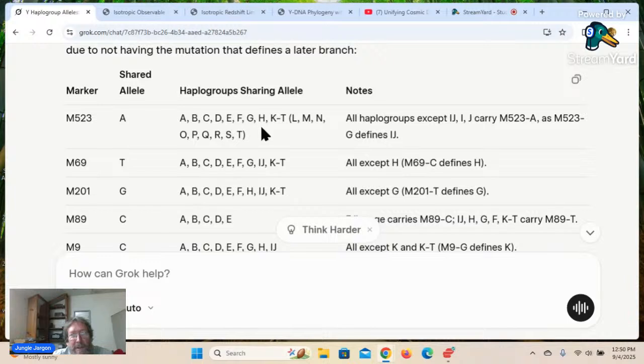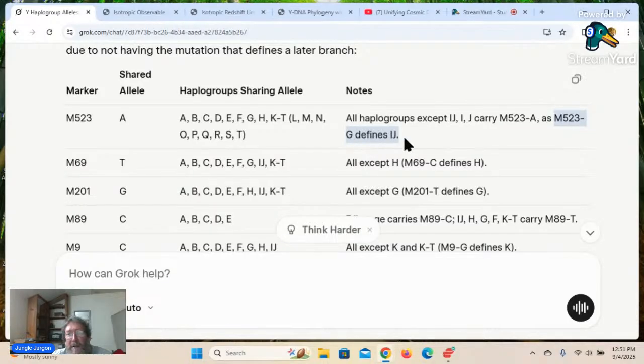So it's A, B, C, D, E, F, G, H, missing IJ, K through T, O, P, Q, R, S, and T. So this marker is shared by all these with this allele here, because all the haplogroups except IJ, I and J, carry M523 A as M253.